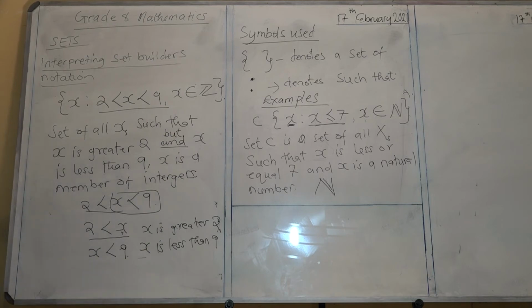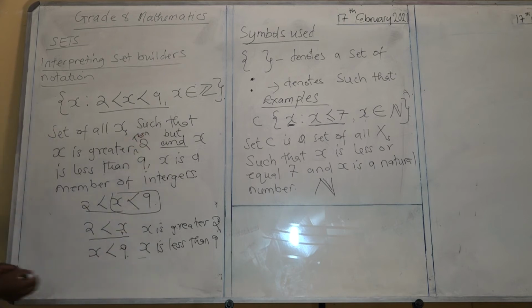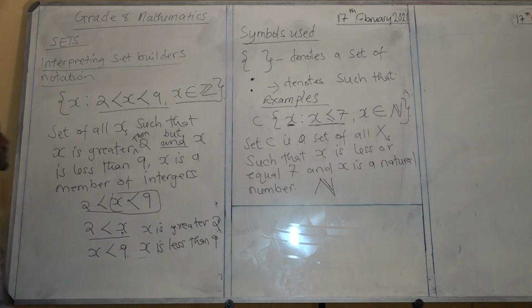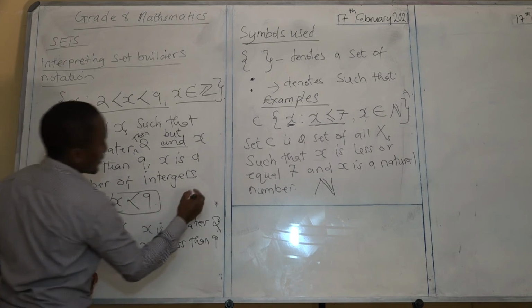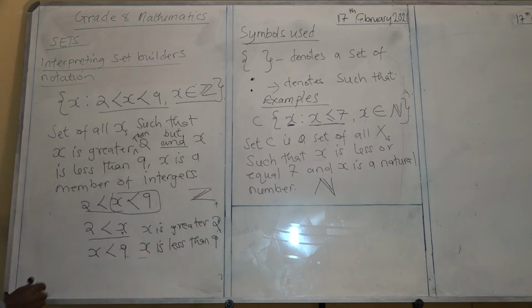So you can write it as the set of all x such that x is greater than 2 but x is less than 9. And you have been told that x is a member of integers. So this is the symbol for integers.